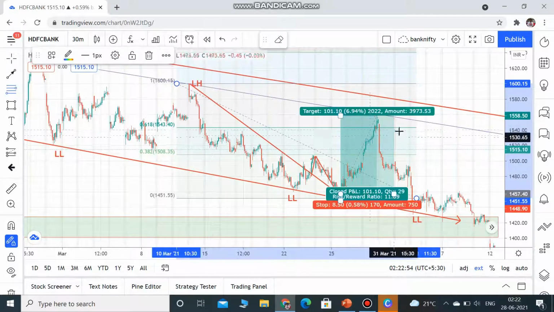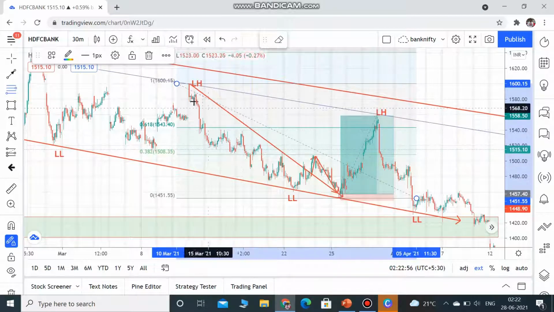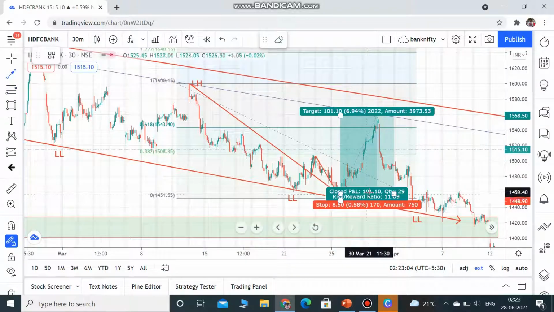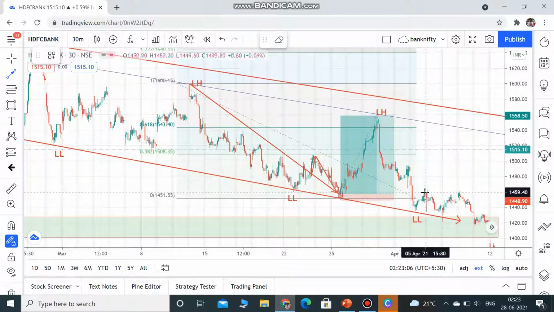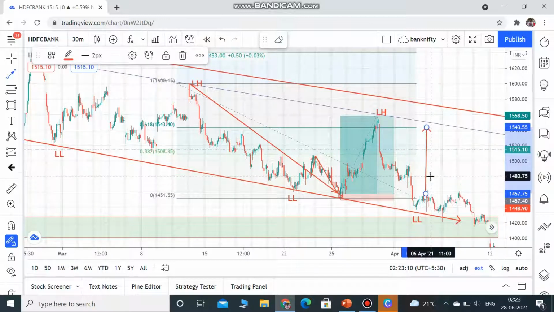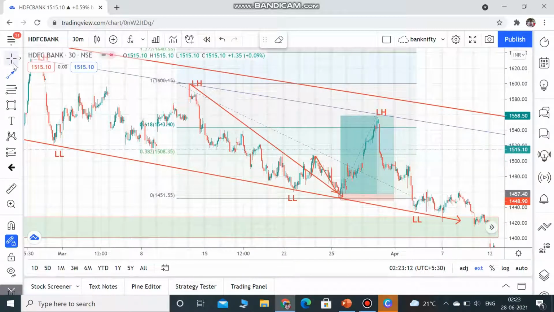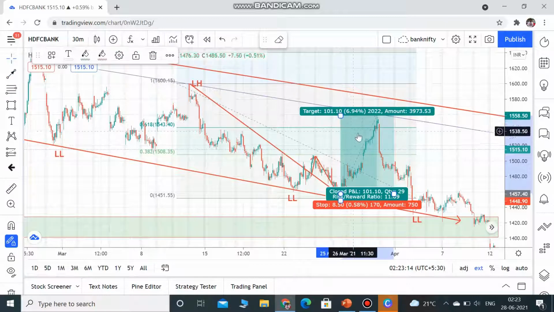See, it works till my 61 Fibonacci, which is reaching my trend line. It accomplished wherever it had to reach. If you want to be a little safe, you can start your trade here and end at Fibonacci 61. That is how you have to consider breakout structures.